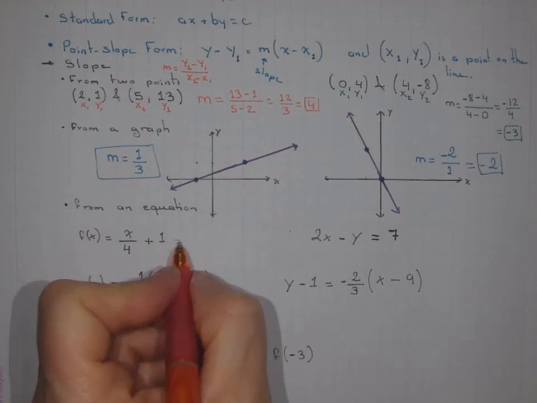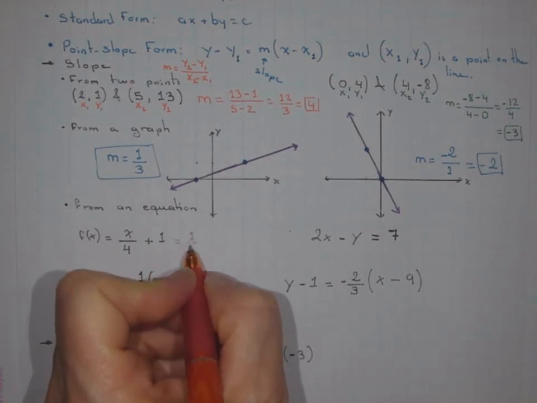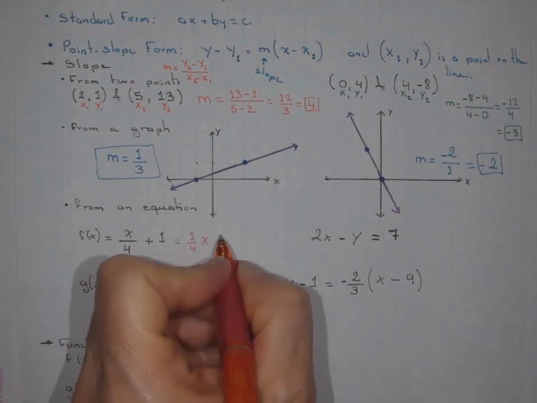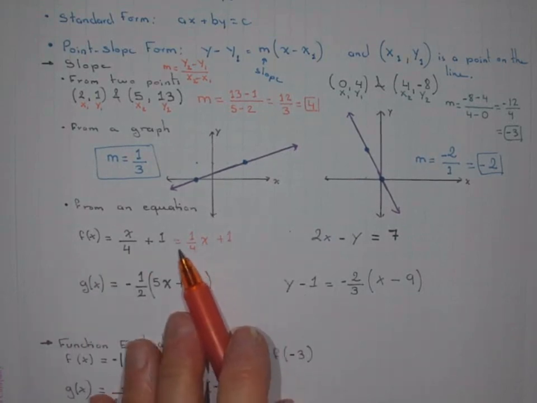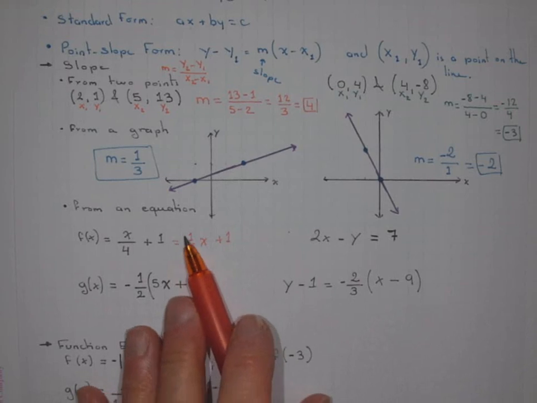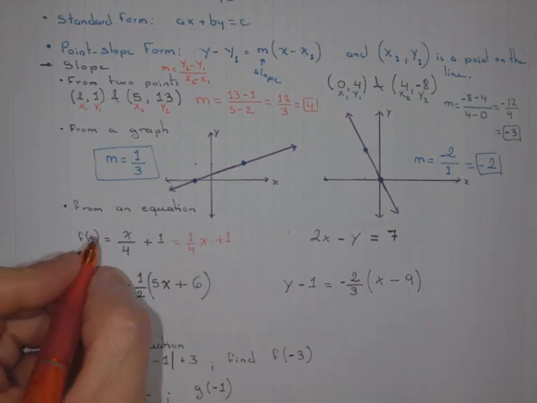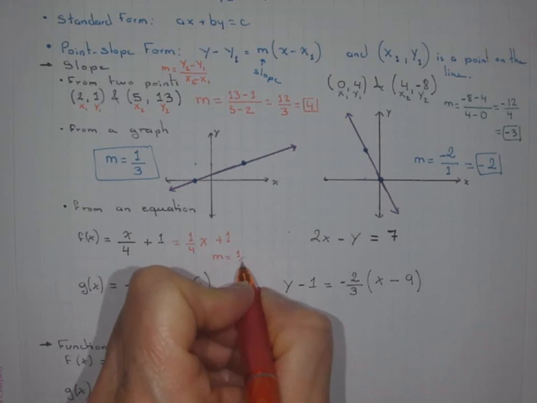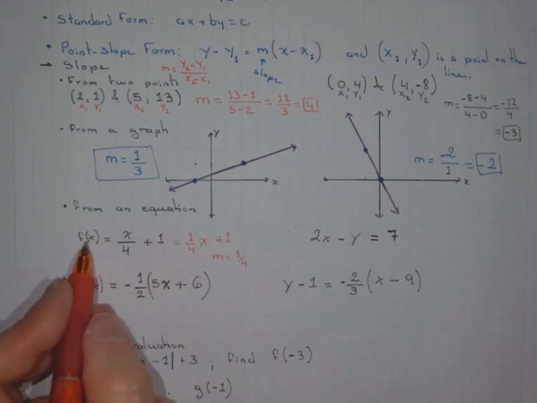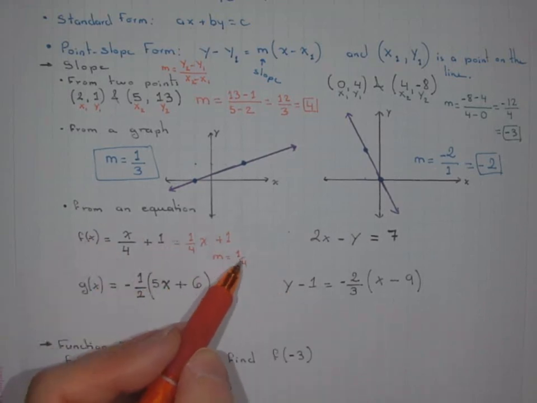Well, this is really the same thing as 1/4 x plus 1. And if I realize that, then the m, what's in front of my x, will be 1/4. So here, the slope will be equal to 1 over 4, meaning this line, f of x, goes up 1 over 4.